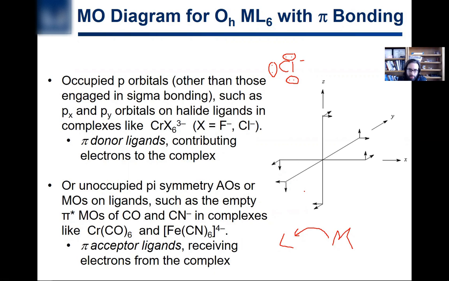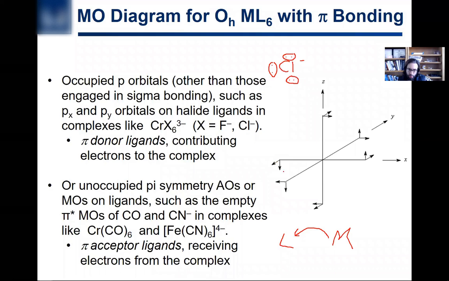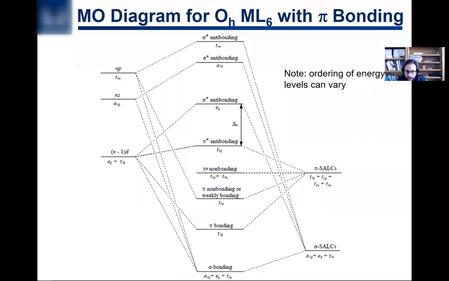I'm just giving you the answers of what the symmetries are. But basically, you need combinations of orbitals in here that have the right symmetry to give rise to bonding. And to have pi symmetry bonding, the ligands have to have these symmetries.